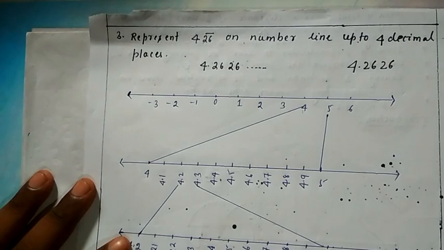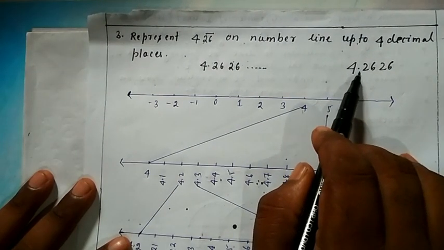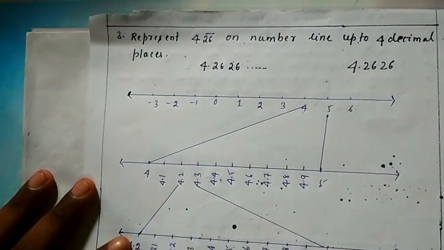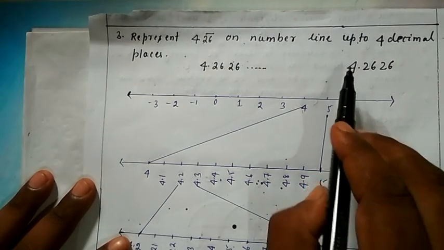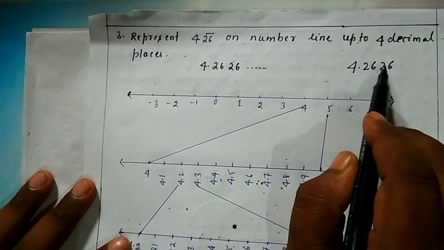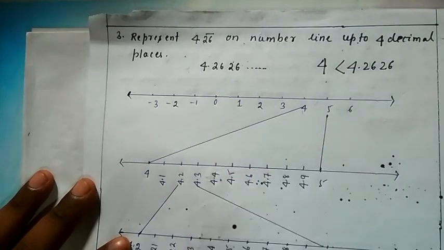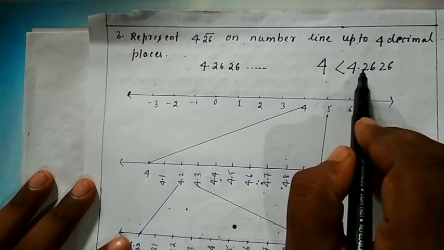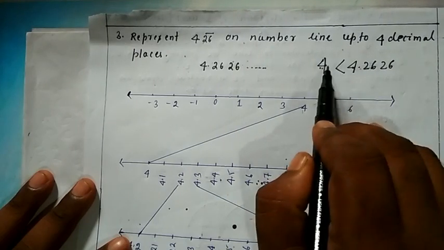So this is our required number, and this number 4.2626 we have to represent on the number line by using the successive magnification method. And you know that 4.2626 will be greater than 4, because 4.2 is obviously greater than 4.